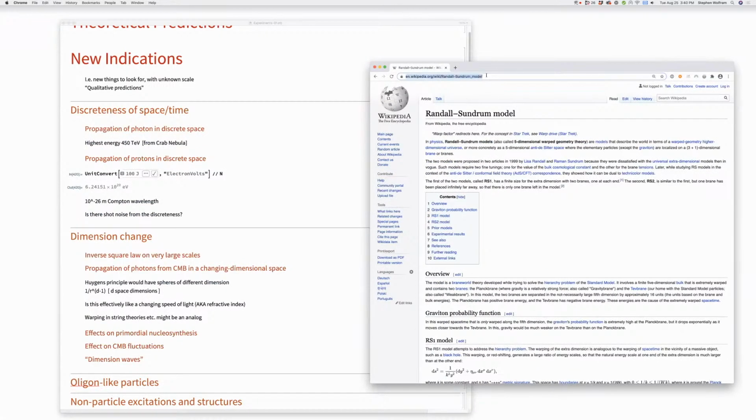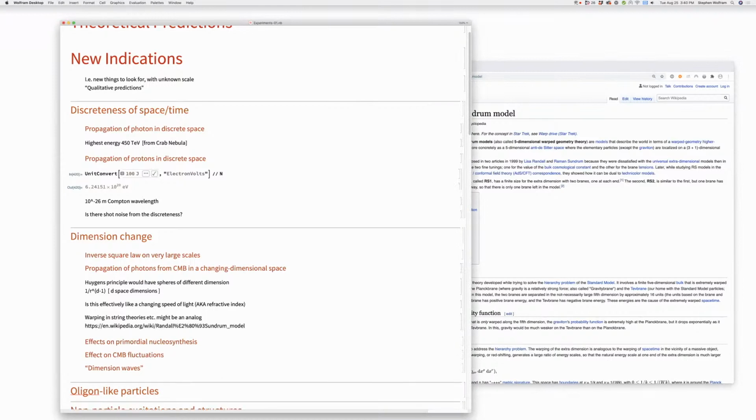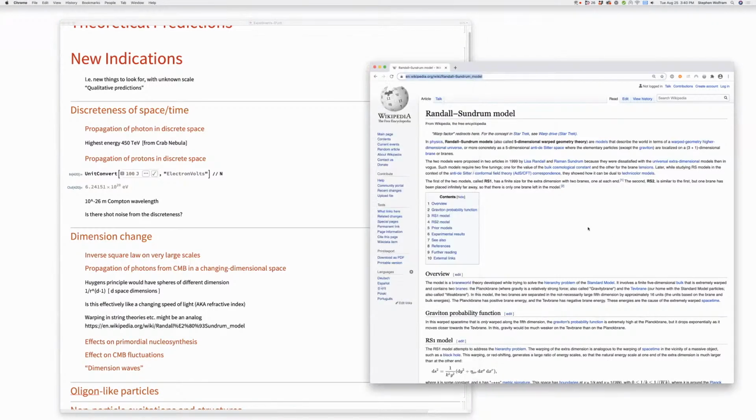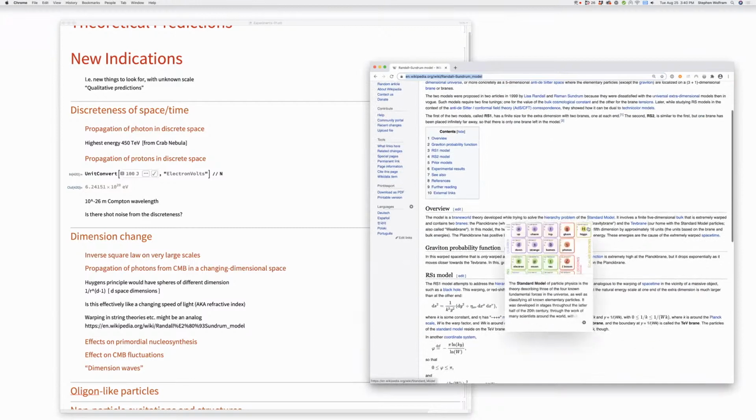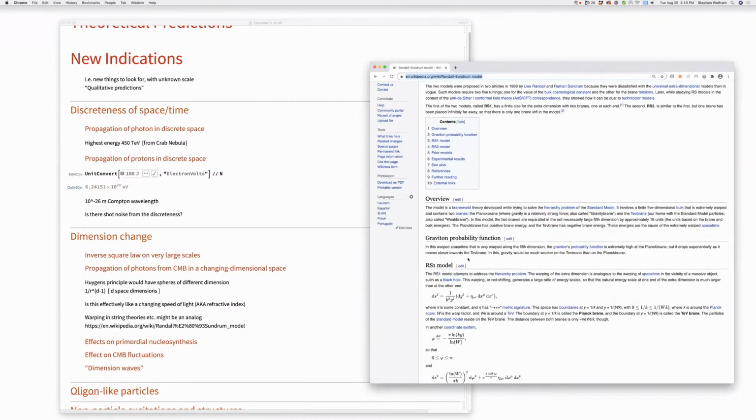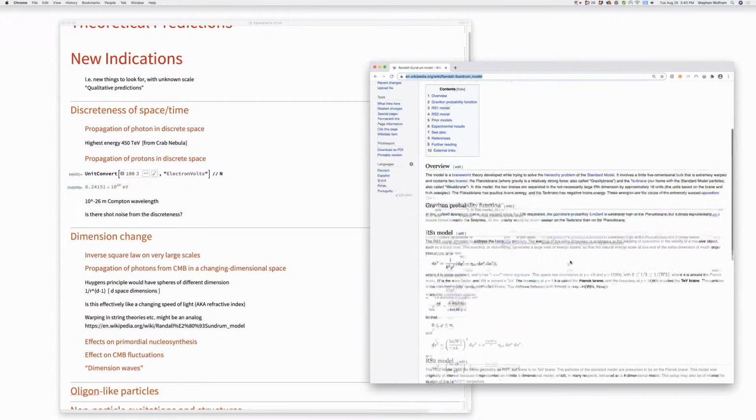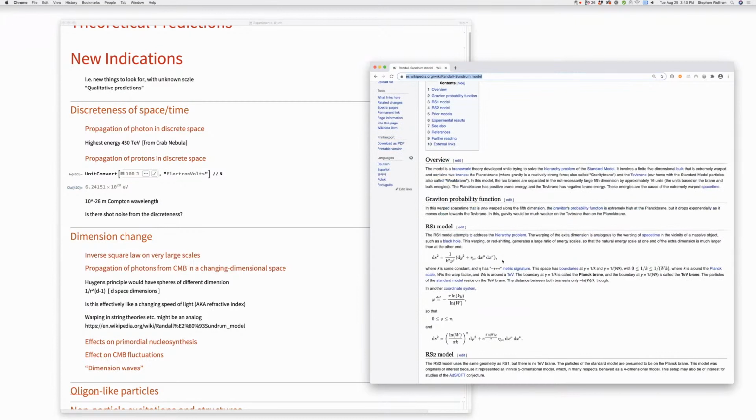But when you look at the space-time more microscopically, the extra dimensions open out, so to say. Oh, let's understand how this works. Okay, so it's only warped in the fifth dimension. Graviton's probability function. Okay. Warping the extra dimension is analogous to warping space-time in the vicinity of a massive object. Okay, great.